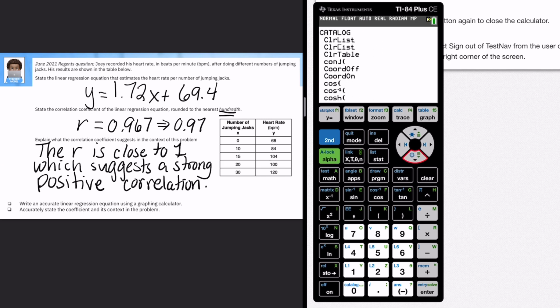So again, if you don't see R, do this. Once you get to on, you're going to hit enter twice, and then it's done. Then when you go to your stats, you'll be able to see it on your list. So don't freak out if you don't see it. I didn't at first, and I freaked out, and I had to look it up.